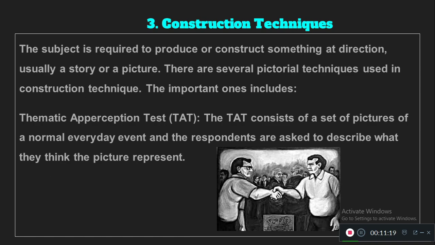If they say they are friends, we can say the respondent may have good social interpersonal relationship related concepts. When they say they are going to fight, we can understand that they have negative thoughts related to interpersonal relationships. So this first one is the thematic apperception test.